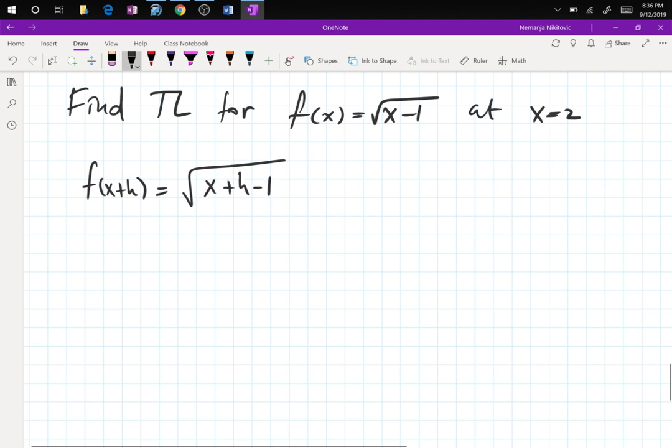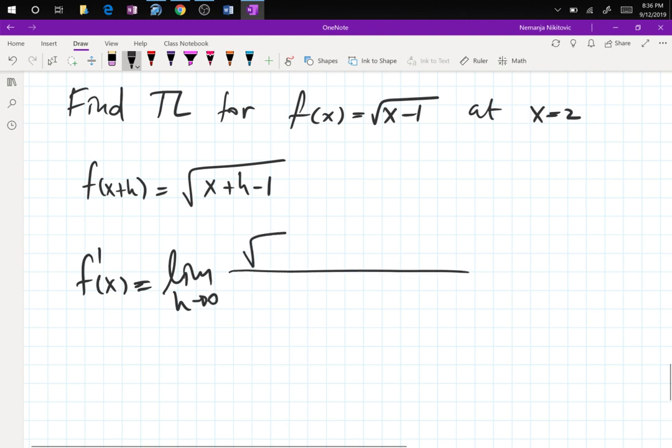You replace your x with x plus h under the root. And now we come up with our derivative formula, which is going to be the limit as h goes to 0 of the square root of x plus h minus 1 minus the square root of x minus 1, everything divided by h.